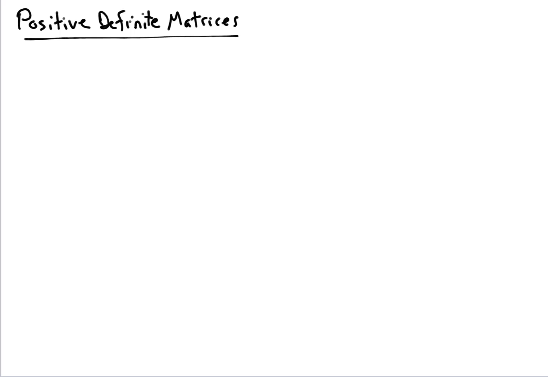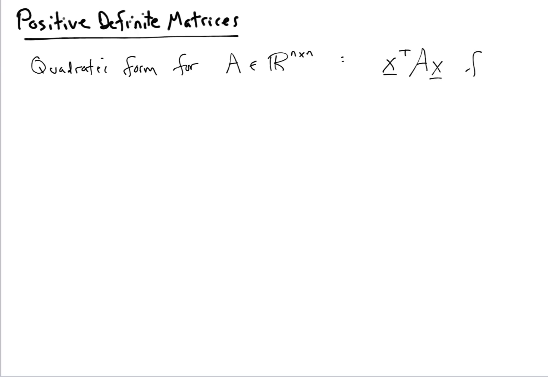So first, recall that we have the idea of a quadratic form for a matrix that's n by n, and we write that as x transpose Ax for x being an n vector.